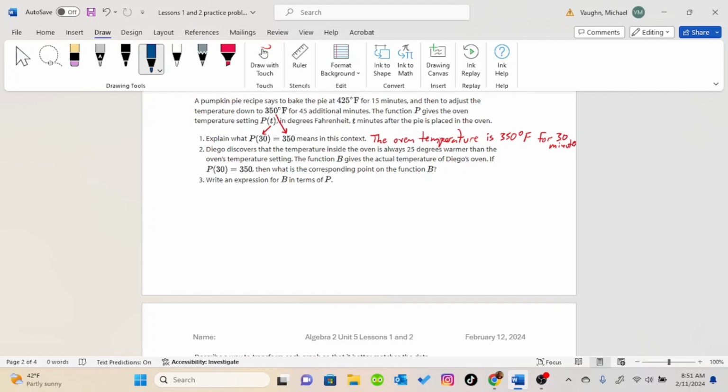So now instead of P of 30, we're going to have B of 30 because the time has not changed. What has been changed is the temperature. P of t told us it was 350 degrees, but now they're telling us the temperature is actually 25 degrees warmer.